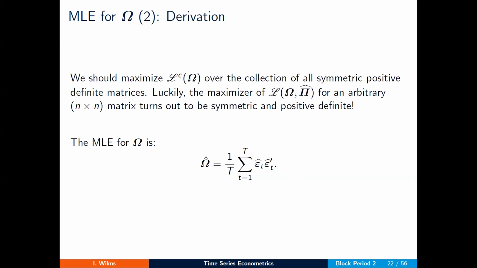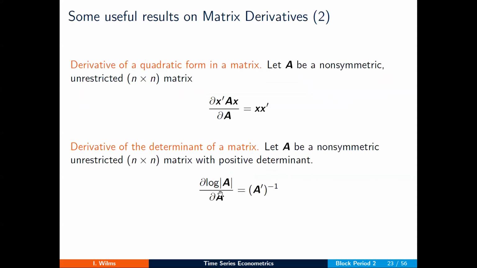And so the maximum likelihood solution is just given by the average squared residual, as you will see in the tutorial. On the diagonal, we have the average squared residual of the ith regression. And on the off diagonals, we have the average product of the OLS residuals between variables i and j. Now in the tutorial, you will derive the maximum likelihood estimator for omega, and to that end, you again need to use results from matrix derivatives as summarized here on the slides.